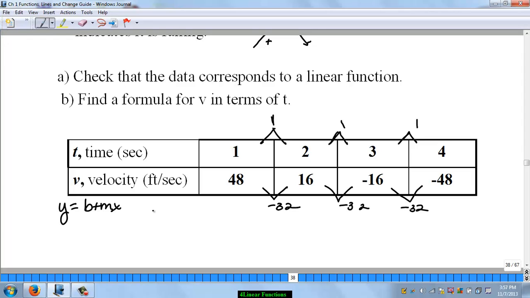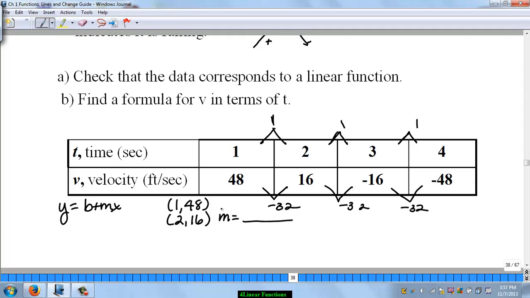So what I'm going to be doing is going through here and making sure that I have all the points. So I'm going to stack and rack. I don't know my initial value, so I've got 1, 48 and 2, 16. So the first thing you're going to do is find your slope. And I know it's negative 32 over 1, but let's show the work.